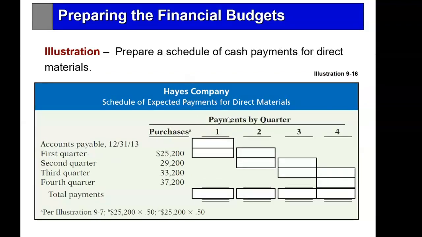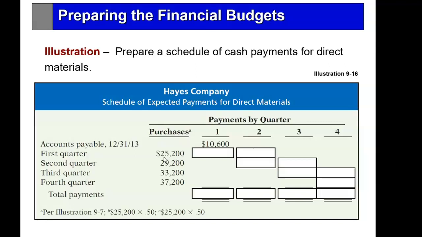Now, how about the cash going out? Same idea, accounts payable. From last year, I haven't paid my accounts payable. So I start this year off with accounts payable of $10,006, which I will have to pay in quarter 1.